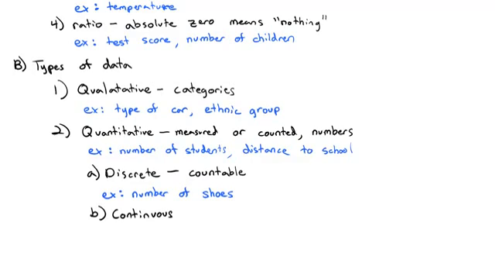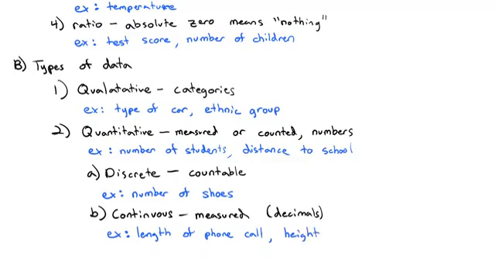That's contrasted with continuous data, which is measured, which means every decimal and every decimal in between those decimals is possible. Measured data, example, might be the length of a phone call. Or maybe somebody's height.